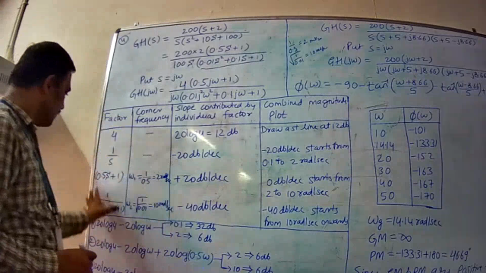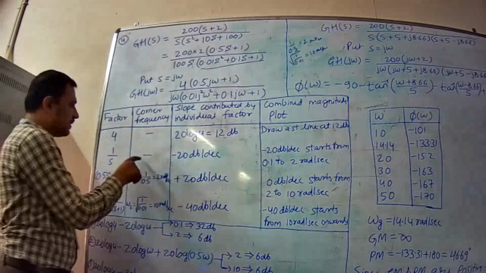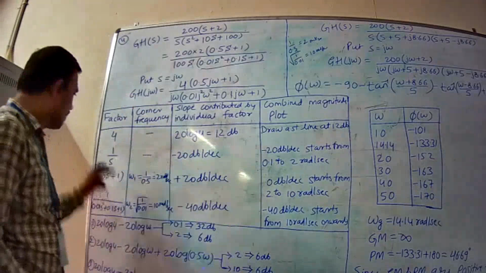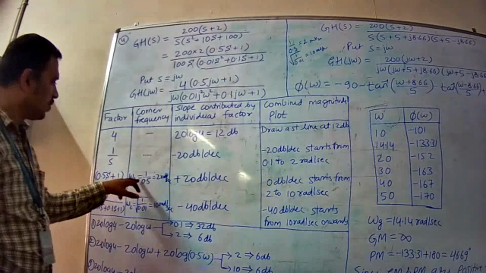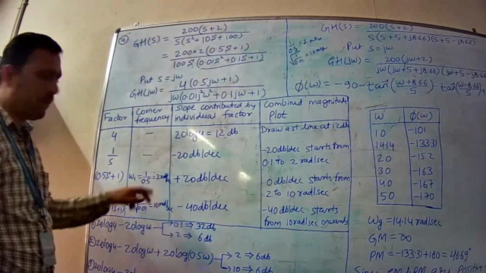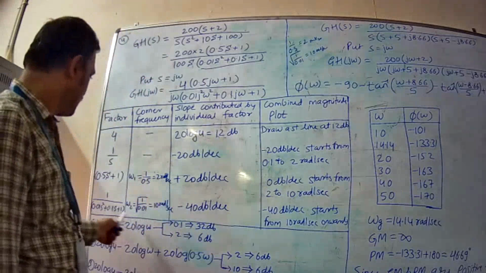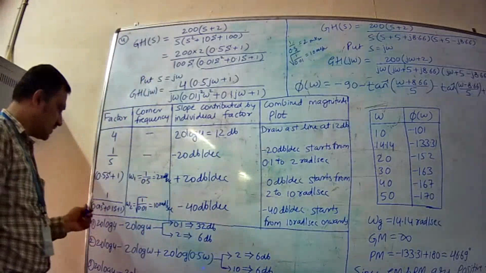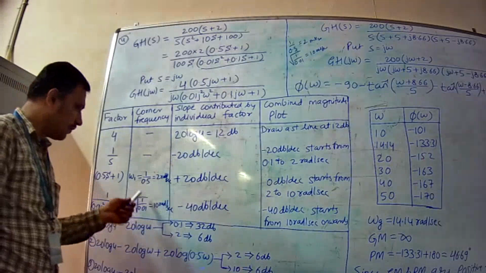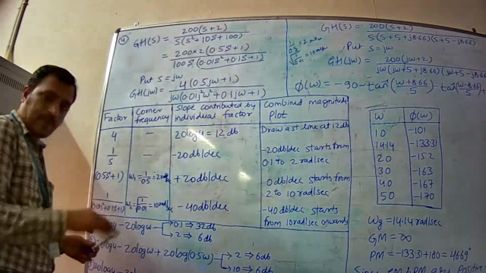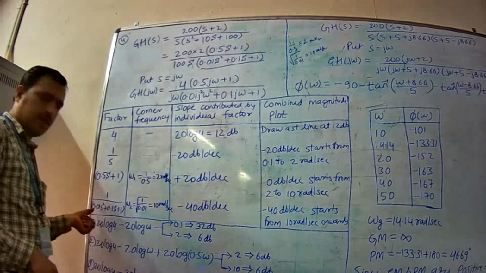Next, this is regarding the first column. In the second column, there is no corner frequency for the constant, and no corner frequency for the 1 by s term. To find the corner frequency, omega 1 is equal to 1 divided by 0.5, which is 2 radian per second. For omega 2, because we have the quadratic factor, we go for the square root of the reciprocal of the coefficient of s square.